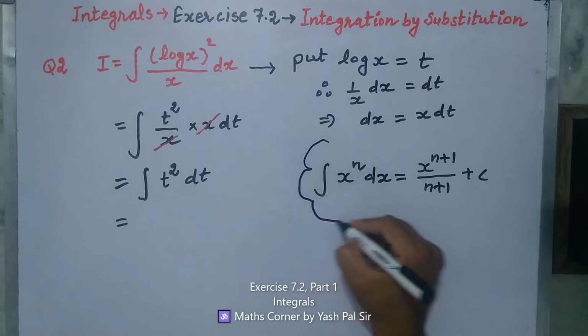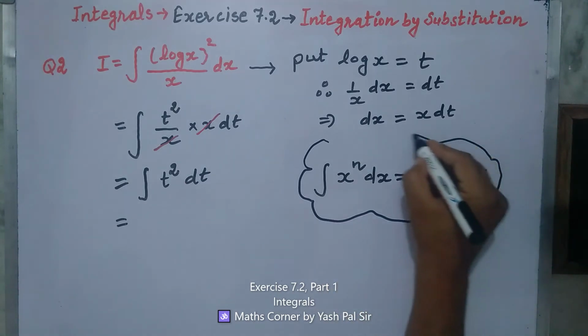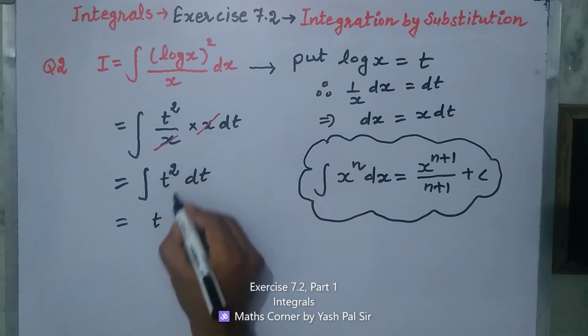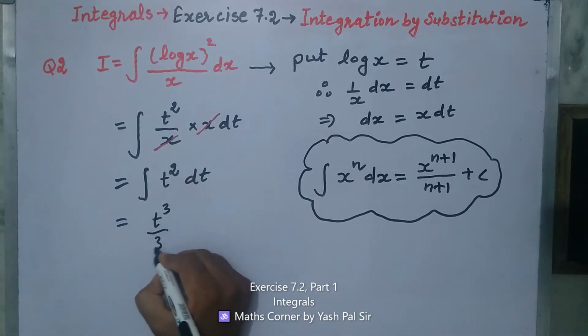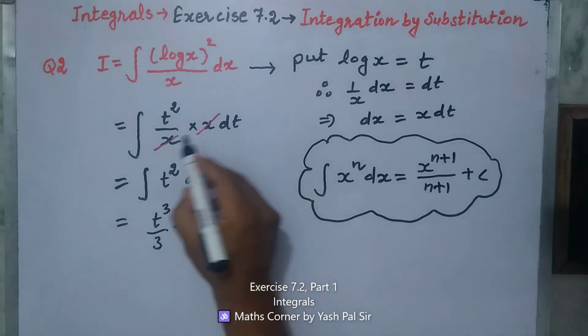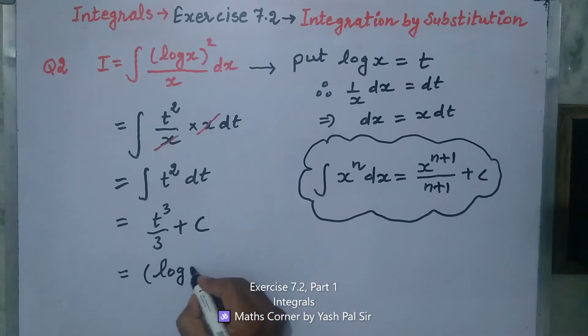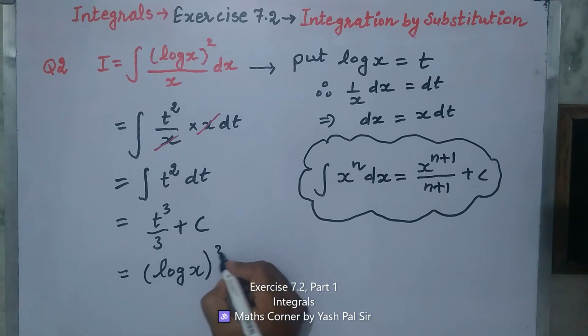So we follow this rule now to find the integration of t square. This becomes 2 plus 1, 3, upon 3 plus c. The original value of t is log of x. So the final answer becomes (log of x) whole power 3 upon 3 plus c.